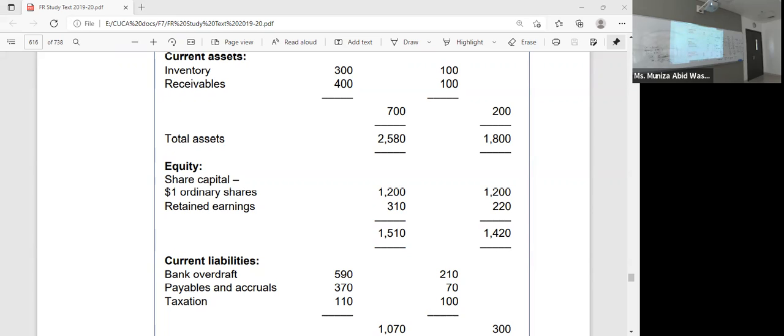In IAS 16, if revaluation gain has been there, then impairment reversal will also be taken to the statement of other comprehensive income. And if there has not been any revaluation gain previously, and first time impairment has been taken, impairment reversal will also be done in SOPL. And in the case of IAS 40, both the impairment reversals will be taken out of the SOPL only. So this has been done. Clear now?